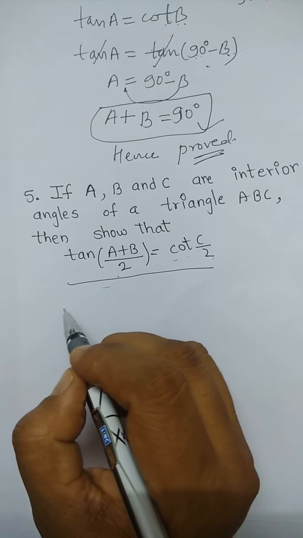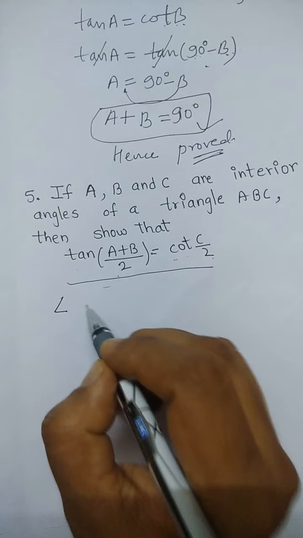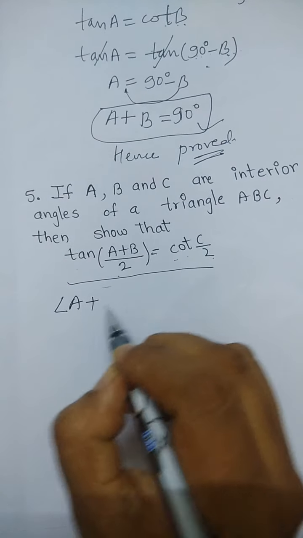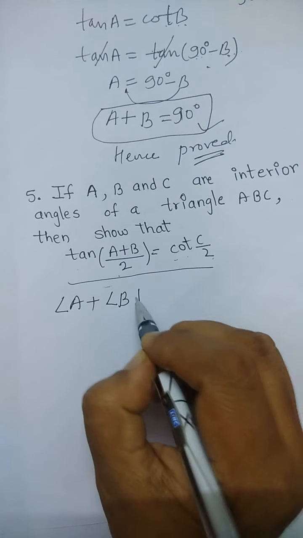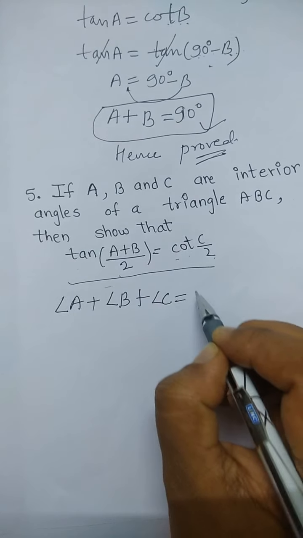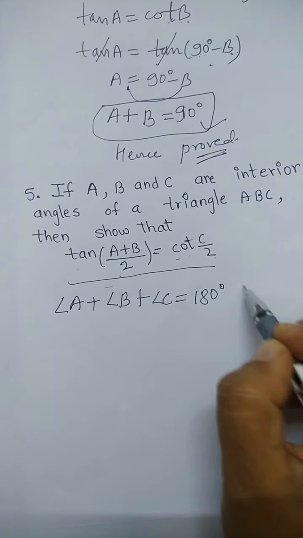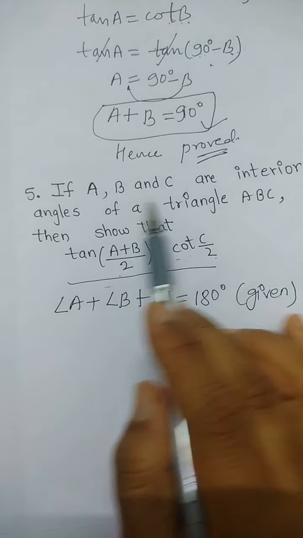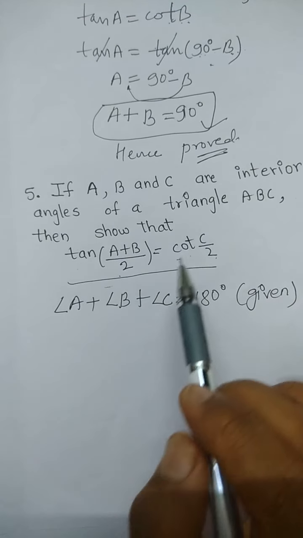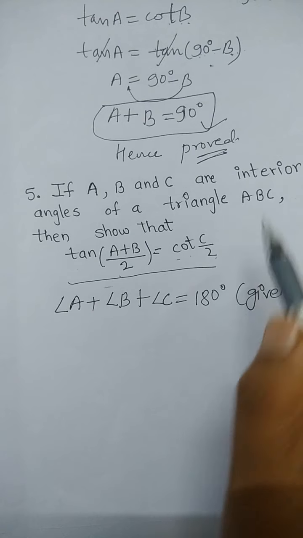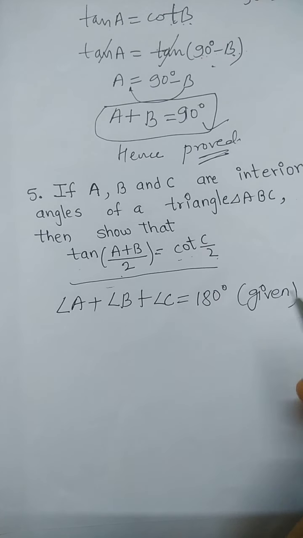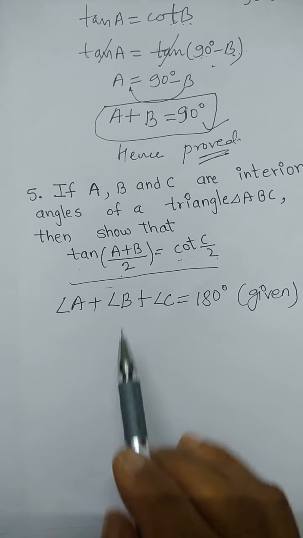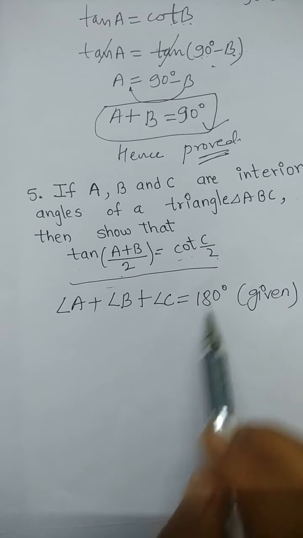How to write it in mathematical form? Angle A plus angle B plus angle C equals 180 degrees. It is given, meaning they have given that A, B, C are the interior angles of triangle ABC. So the sum of all three angles is 180 degrees.